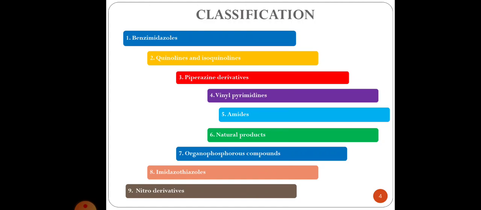Fourth one, vinyl pyrimidines. Fifth one, amides. Sixth one, natural products. Seventh one, organophosphorus compounds. Eighth one, imidazole, and the ninth one, nitro derivatives.